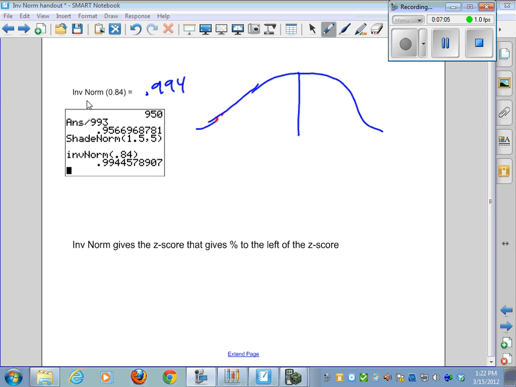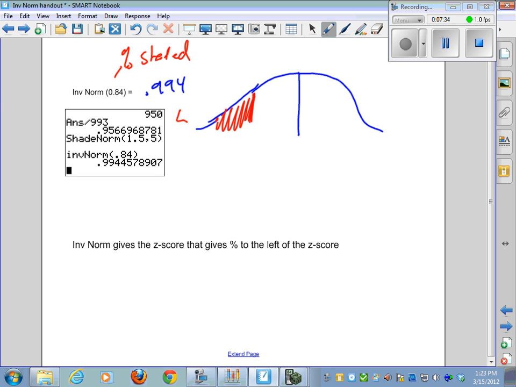So what it's really saying is this. I'm going to start shading from the left. Always, always shade from the left. And I'm going to keep shading until I've shaded 84%. This value here is a percent shaded. Would it be about there? How far would I have to go to get to 84%?